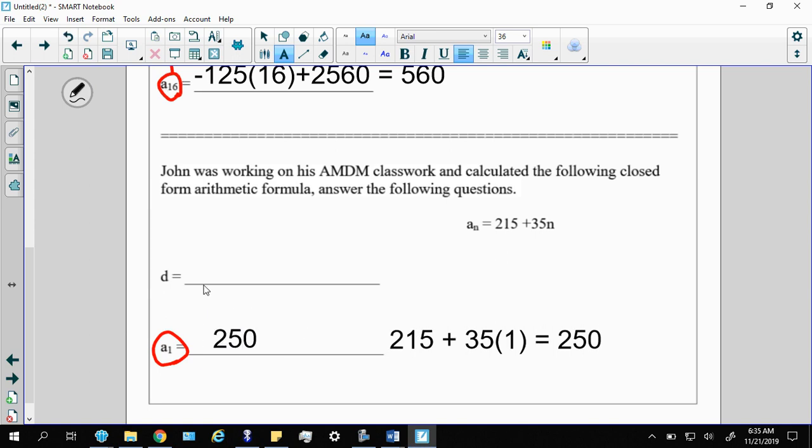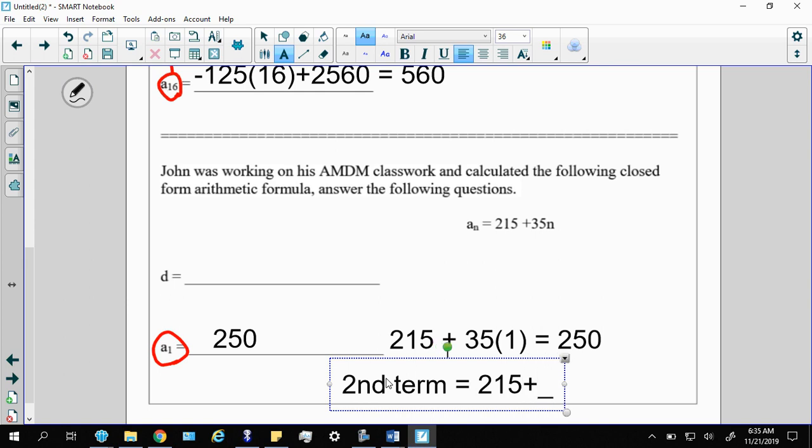Now, to find our common difference, here's what I recommend. Find your second term, which means I'm going to do 215 plus 35 times 2 equals 285. Sorry, 285. Now think about it for a second, guys.